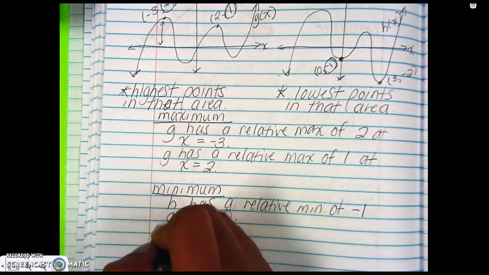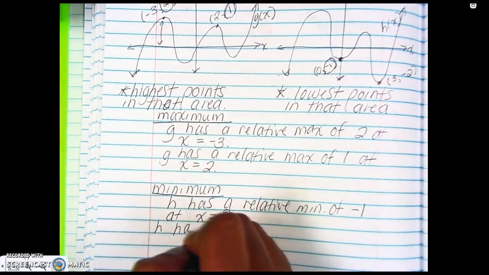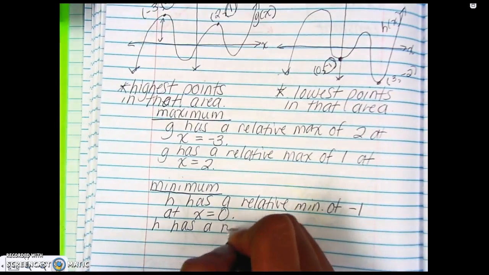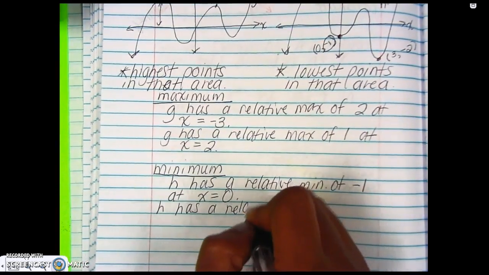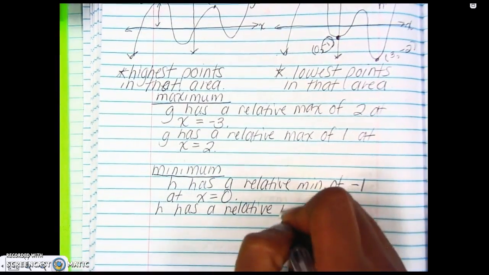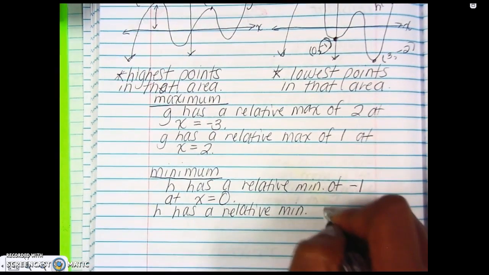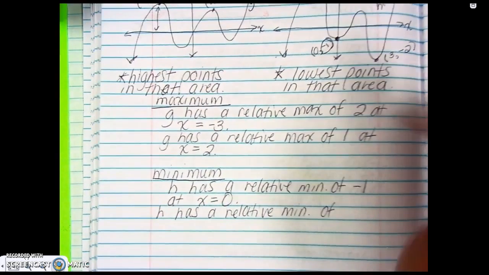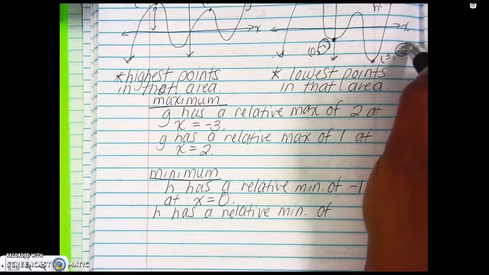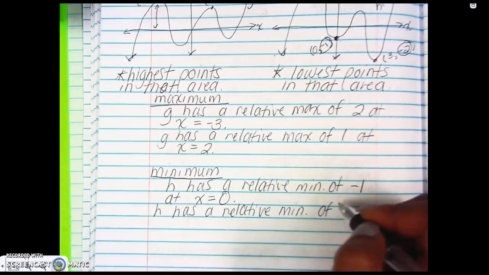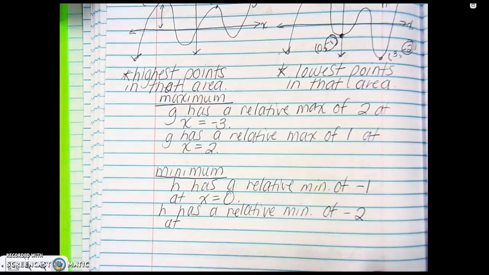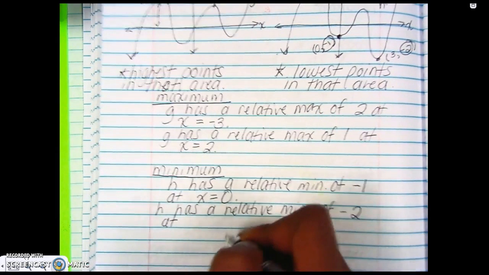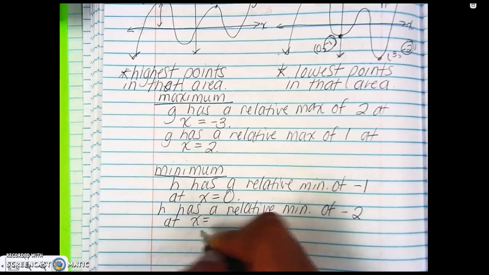And then to do the other one, we would say h has a relative minimum of -2 at x equals 3.